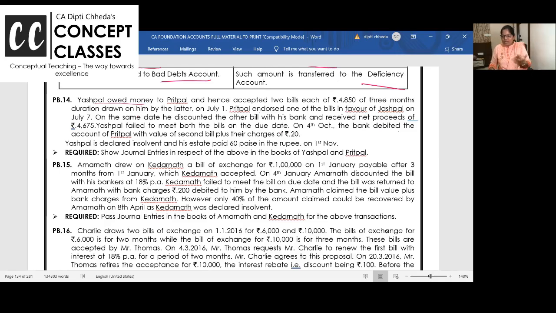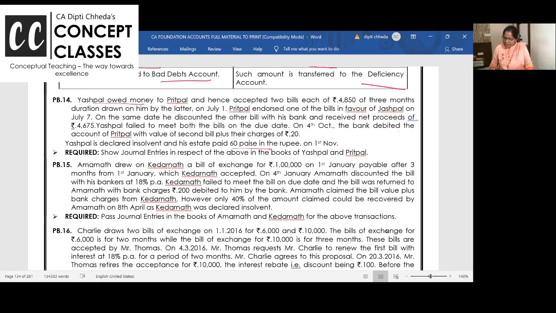Because I discounted it, I have to pay the noting charges also. Yashpal is declared insolvent and 60 paisa could be recovered. Okay, the remaining is bad debt for me, deficiency for you.